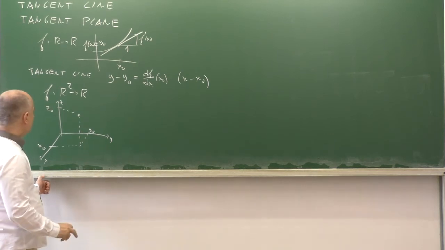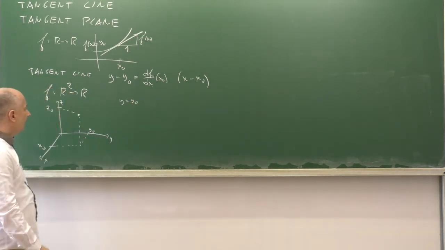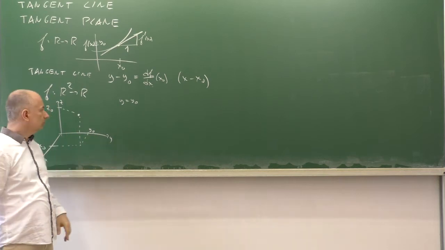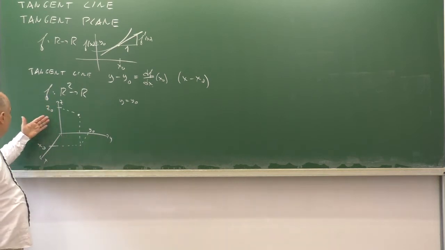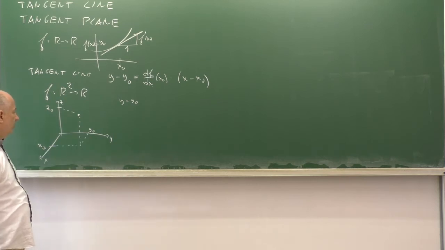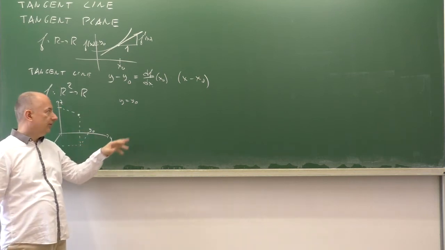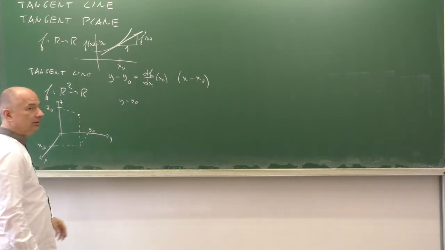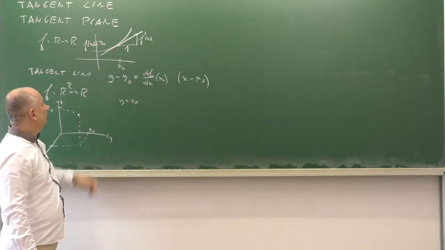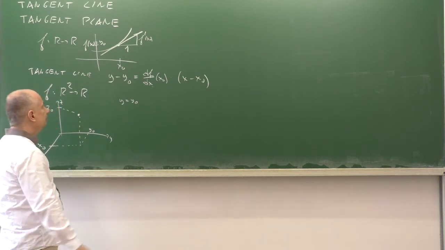Then, if we fix y, you can think of a plane parallel to the xz plane at the point y is y0. And when we cut the surface, the graph of f, by this plane, then we get a curve, just like a graph of a function of one variable, namely x, for fixed y.